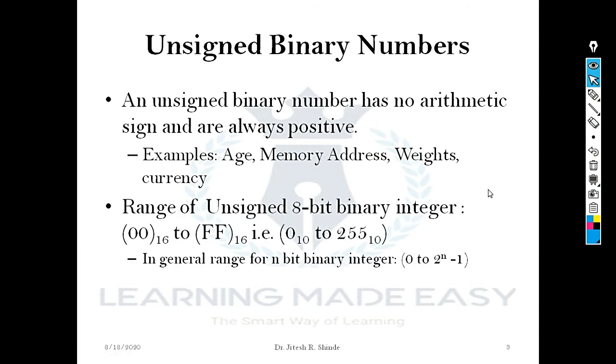For example, 4-bit instead of 8-bit, let's see the example of 4-bit. If n is equal to 4, what is the minimum value we can represent in a 4-bit unsigned binary number? The answer is 0, 0, 0, 0. In decimal format, we can write 0 to the base 10.